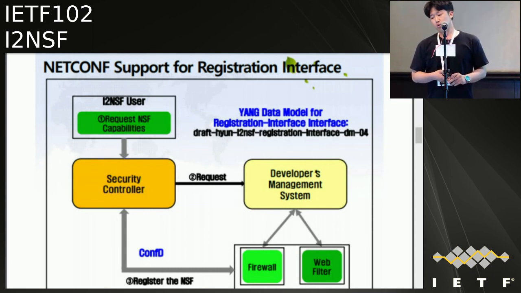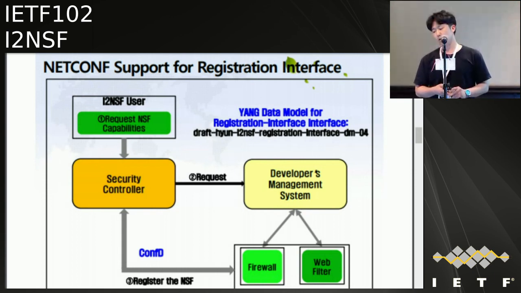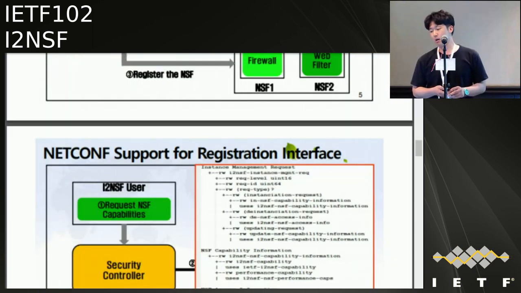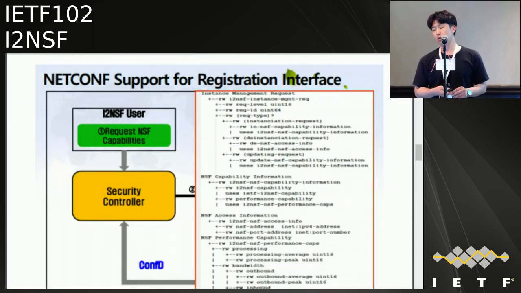If the security controller cannot find the proper NSF, it requests the instantiation of the NSF from the developer's management system. Then the developer's management system registers the NSF to the security controller. And this is the YANG data model of the registration interface.